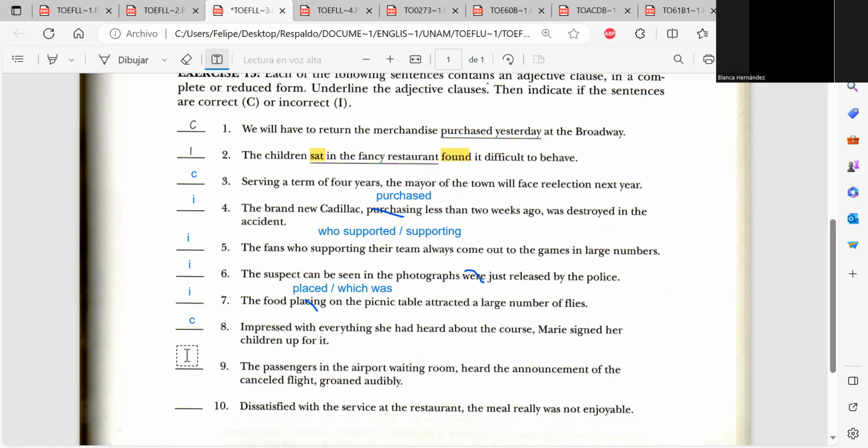The passengers in the airport waiting room heard the announcement of the canceled flight, groaned audibly.